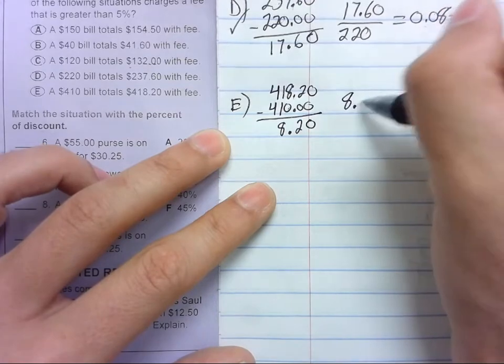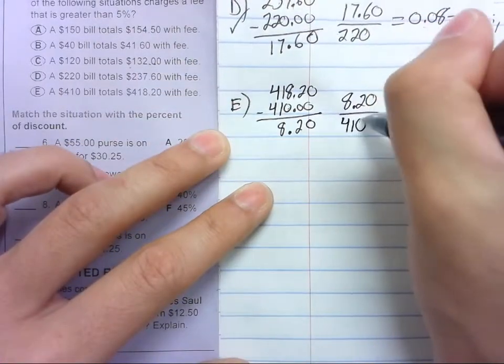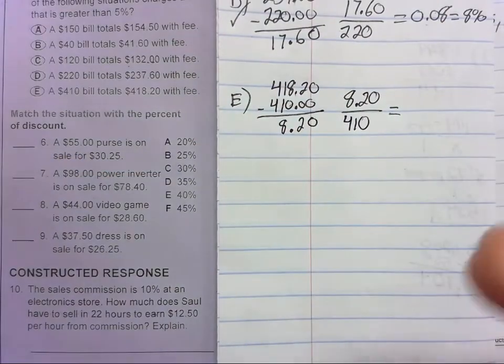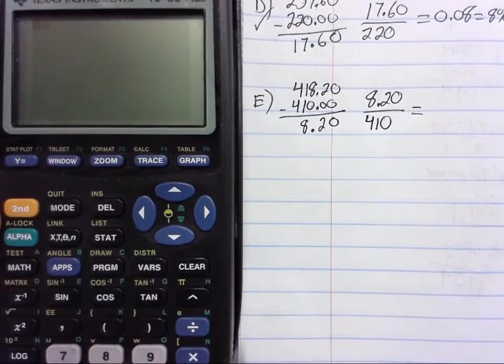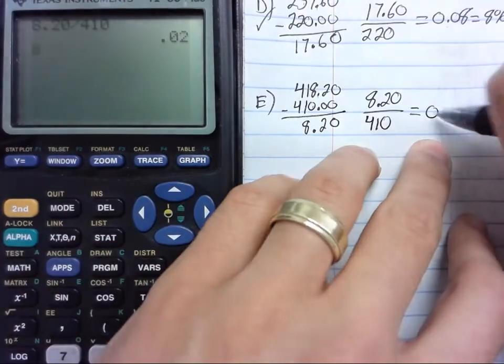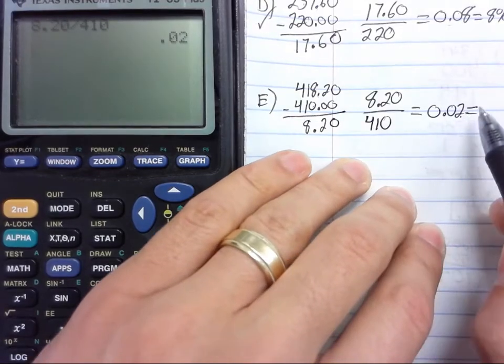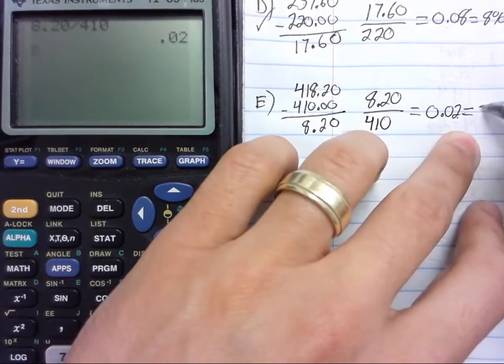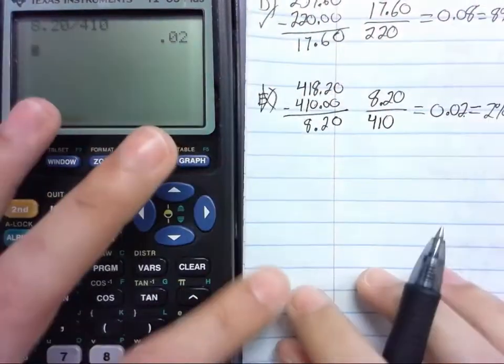So the change is 8.20 over the original, which is 410. So 8.20 divided by 410, 0.02. Change this to a percent by moving it over twice, and you get 2%. So E does not work.